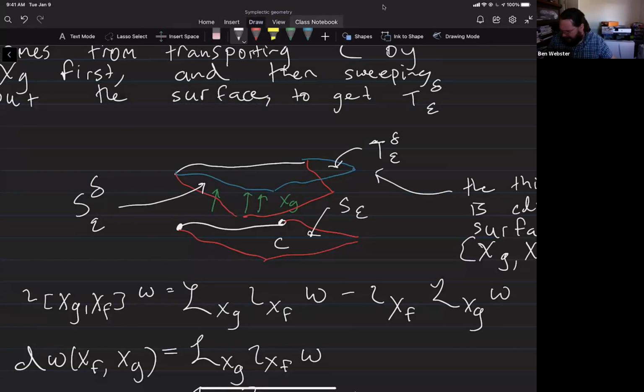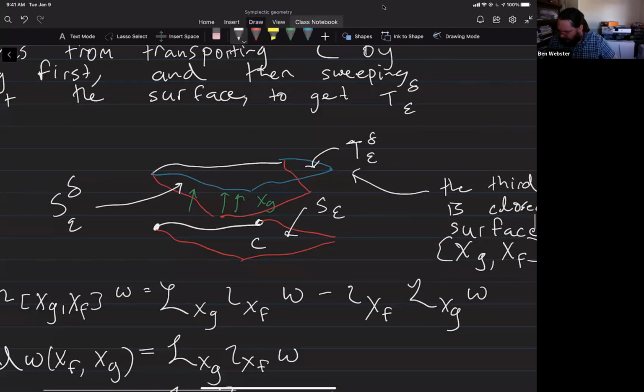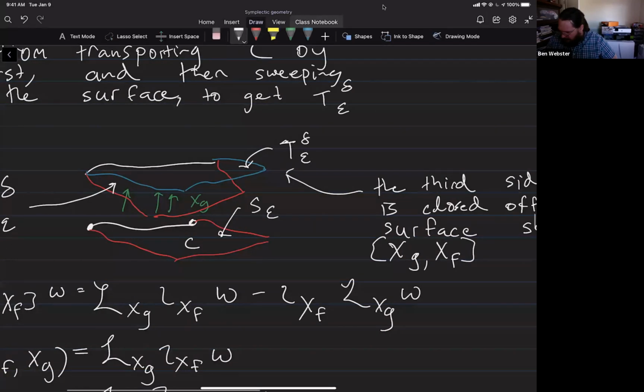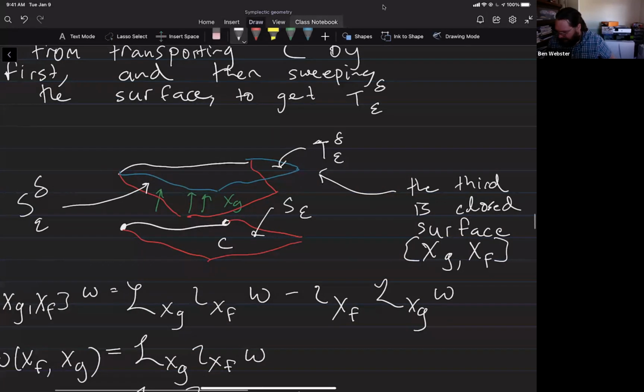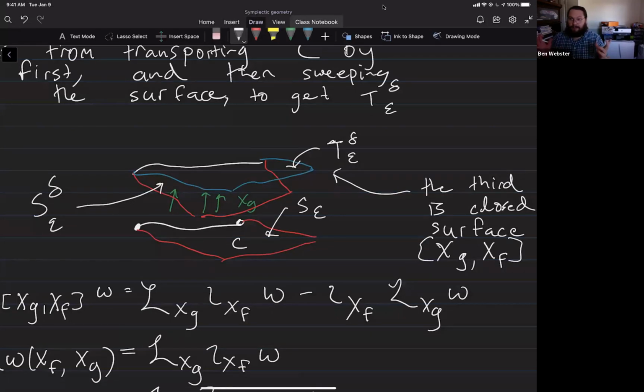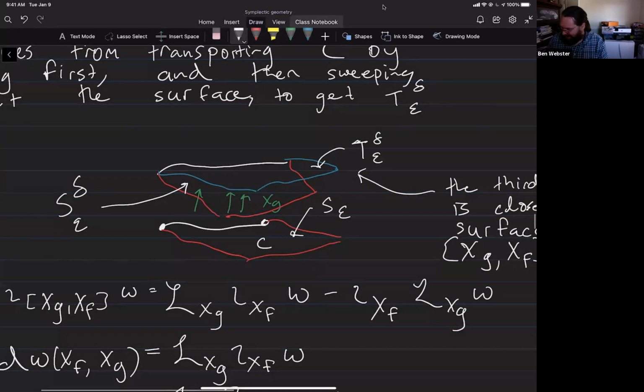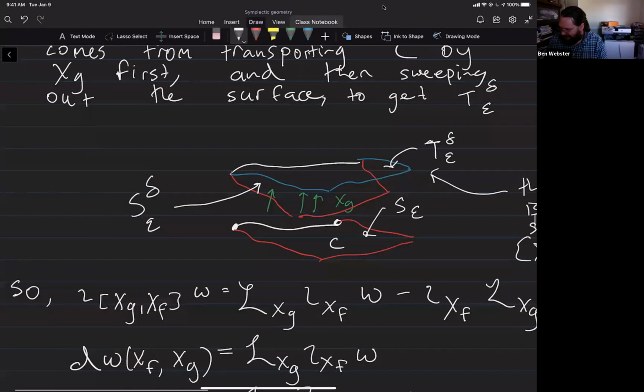The other way to see that this is true is to check that everything respects the wedge product and gives you the right answer on exact one forms and on functions. I won't write that out because I don't have it prepared.